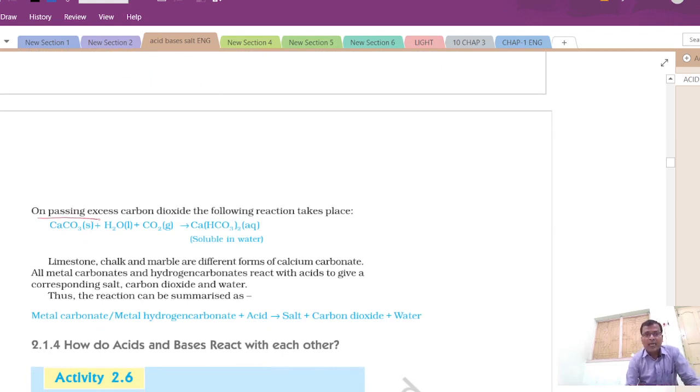This is another important topic. On passing excess carbon dioxide, the following reaction takes place. If you pass excess carbon dioxide, then what will happen? This calcium carbonate will further react with the water, because water is already available in the solution, and carbon dioxide, and then soluble calcium hydrogen carbonate is formed. I cannot pronounce what this compound is called.